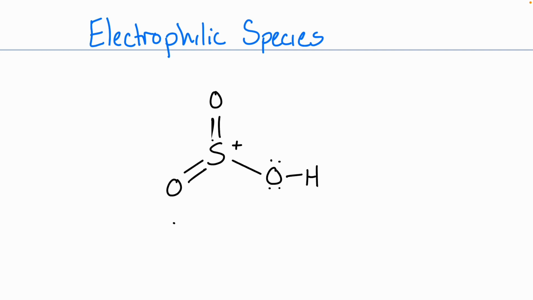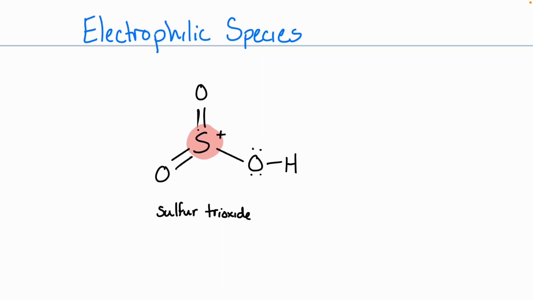Same sort of idea, we form sulfur trioxide, and it has this partial positive charge in the middle, making this our good electrophilic site. So that benzene ring attacks that partial positive charge, giving us our product.